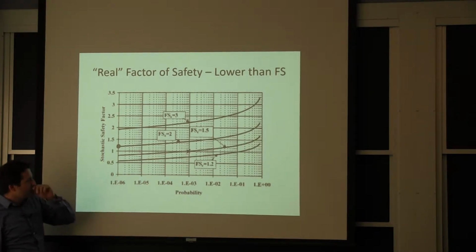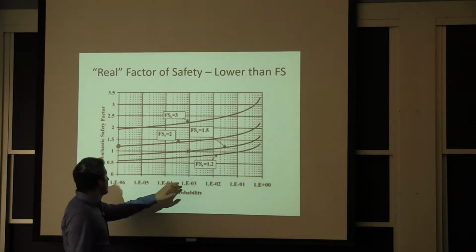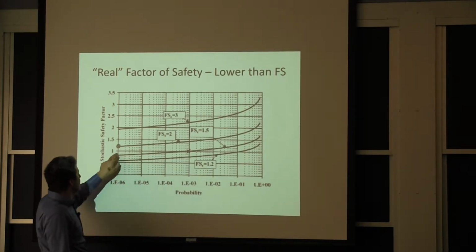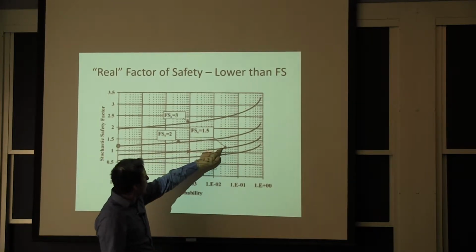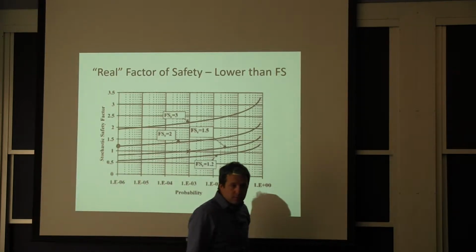And that's why your effective factor of safety goes down as you use more and more. As you use more and more, these lower probabilities still matter. And if you see right here, if I start with 1.5 and I just keep reducing the probability, I'm getting below 1, I'm going to have a failure.